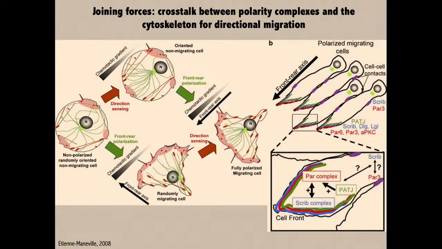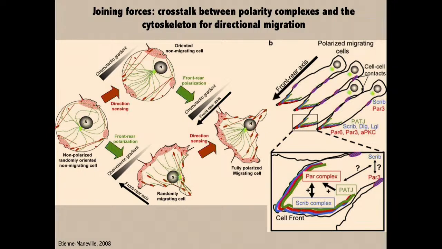The last thing I want to introduce is a set of proteins that are called polarity complexes that allow polarization even in response to a chemotactic gradient, as for example in the neutrophil, which develops a front-rear axis.